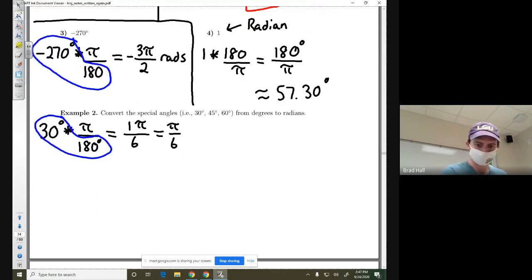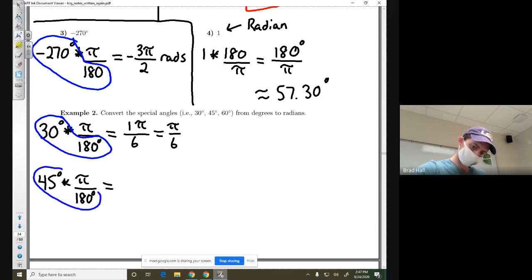All right, let's do the same thing for 45. So again, converting from degrees to radians. It's just 1/4. And then we throw the pi back in. But again, the 1 doesn't really do anything.